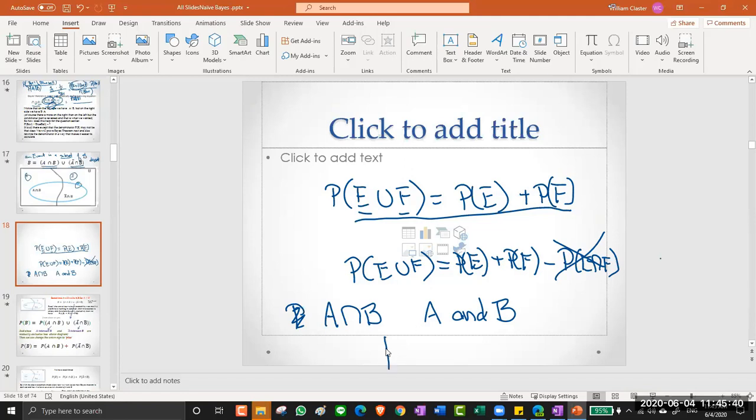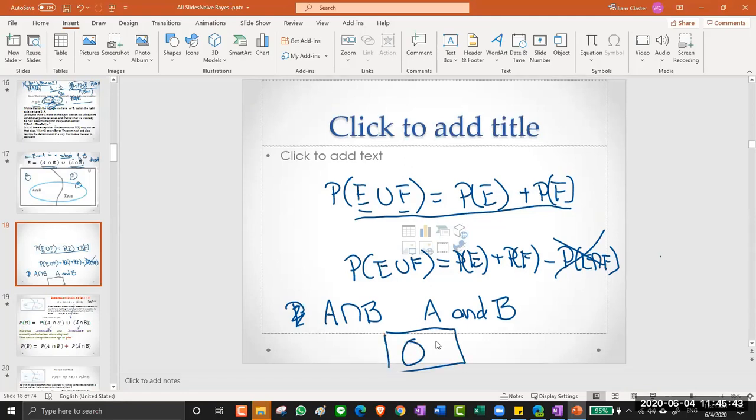Like if you're talking about stat, here's A and here's B, this is A intersect B. Those are the things that are in both A and B, right? So intersect and are the same thing. Everyone understand that? And then sometimes in text, they use this and they mean A and B. Now, in some texts, sometimes they actually mean or, which is really bad.